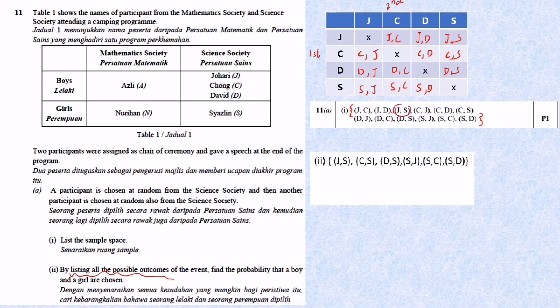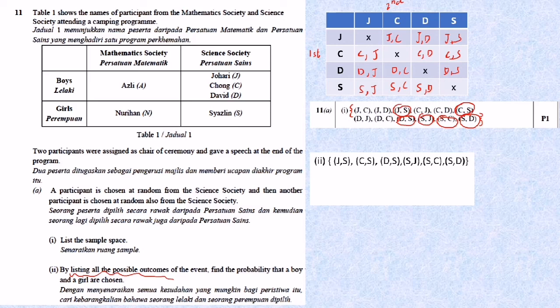So Johari and Shazlin, Chong and Shazlin, David and Shazlin, and of course Shazlin, Johari, Shazlin, Chong, and Shazlin, David.